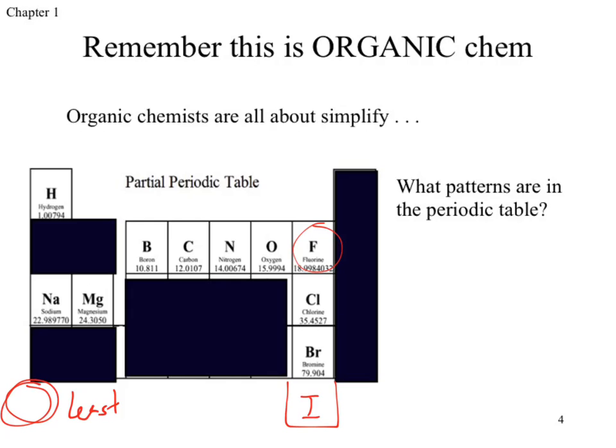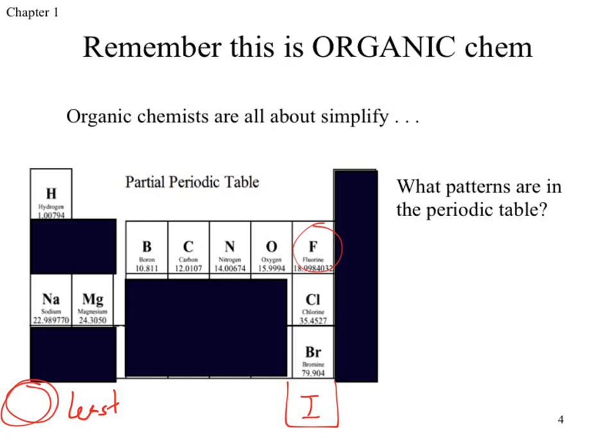What else? Atomic radius. Are you cheating? You're kind of cheating. You're looking at the slides. We can look at radius. How does our atom size change? What are the trends with atom size? There's typically two things you have to remember for atom size.